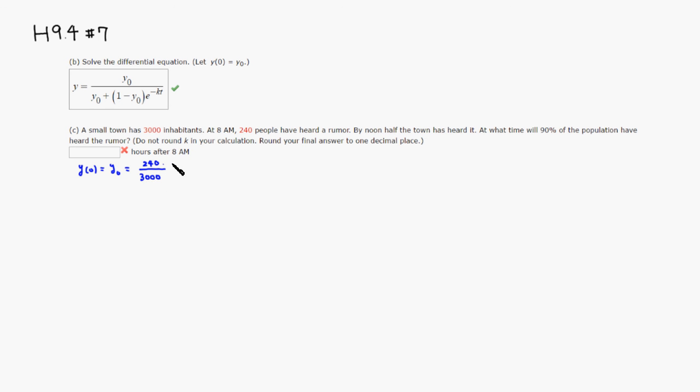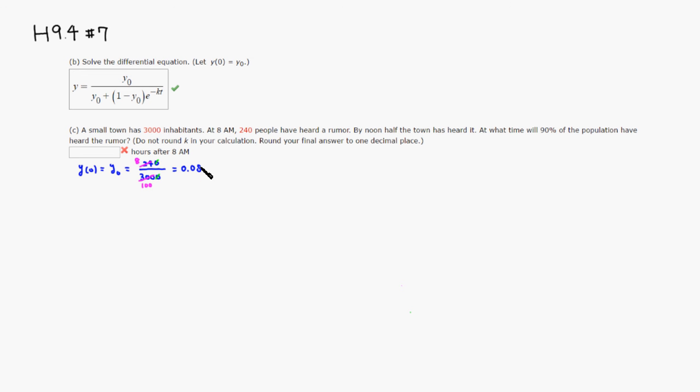If you simplify that, first we can knock off one of the zeros, and then divide by 3. This will give you 100 on the bottom, and 8 on top. So maybe I should write it as 0.08.